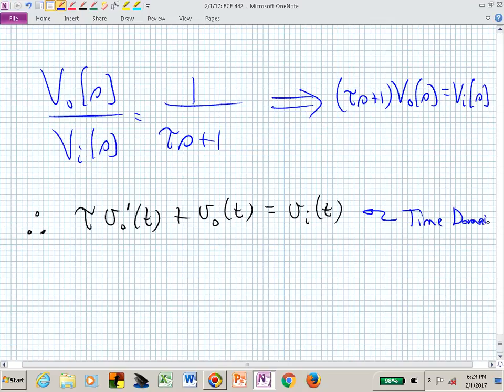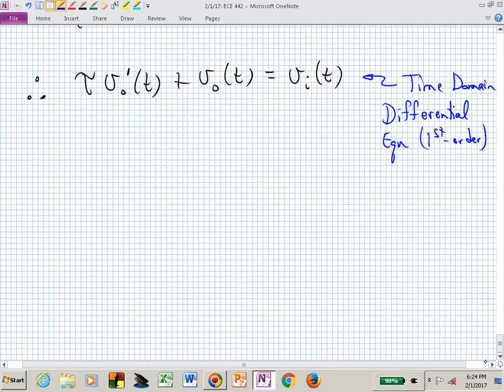This really is just a differential equation that describes the characteristics of our low-pass filter of a bandwidth of about 100 hertz. This is our time domain differential equation, and it's first order. We were able to find that from our first order transfer function.